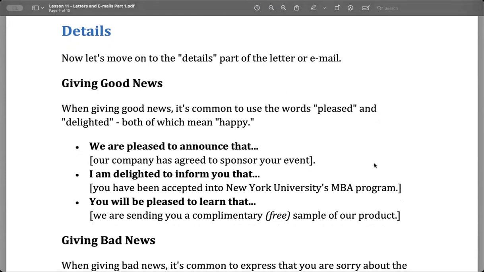Details. Now let's move on to the detailed part of the letter or email. Giving good news. When giving good news, it's common to use the words pleased and delighted, both of which mean happy. We are pleased to announce that our company has agreed to sponsor your event.